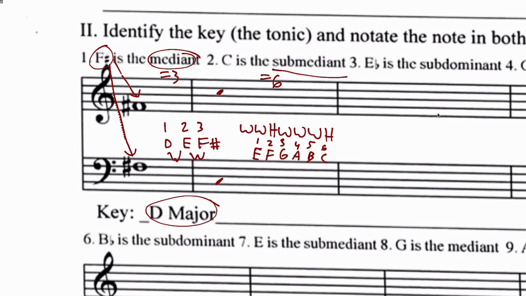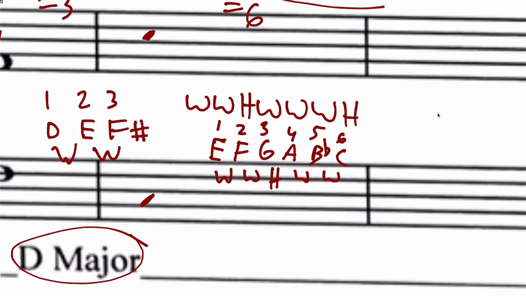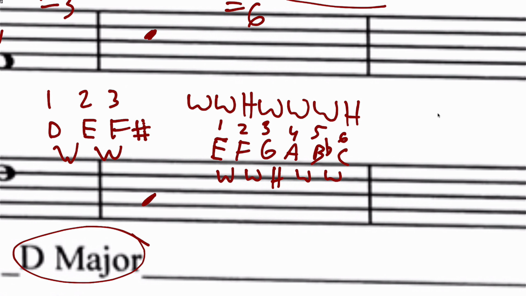We can say between these two needs to be a whole step. This needs to be a whole. This needs to be a half. Whole. Well, that doesn't work. C would have to go to a B flat to make it a whole step. A whole step below B flat would be A flat.